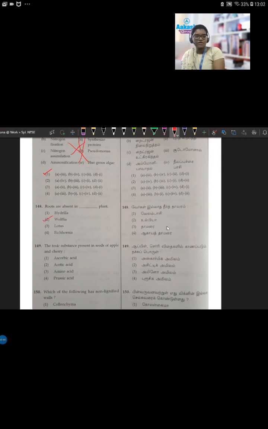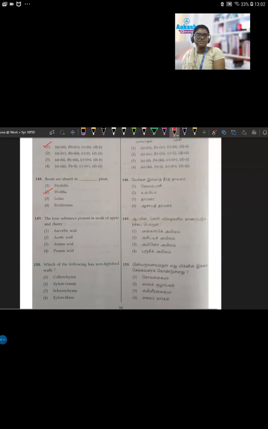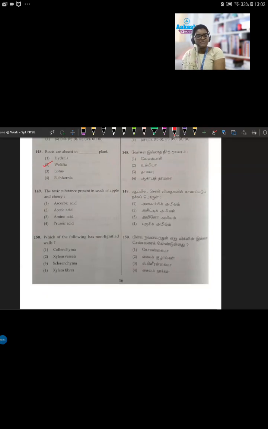Then 149, the toxic substance present in the seeds of apple and cherry, a complete state board concept from the lesson nutrition and health, in the adulteration part. It is prussic acid.